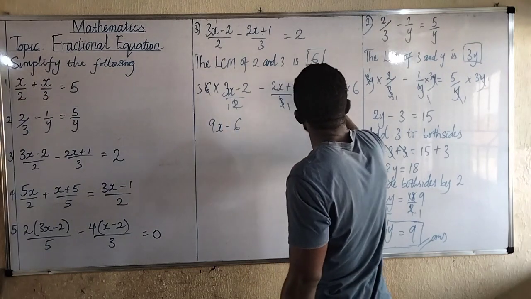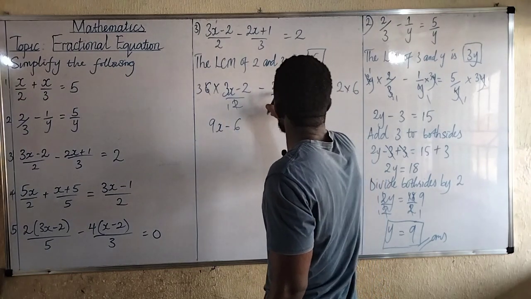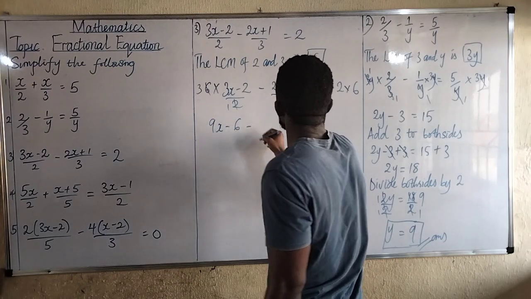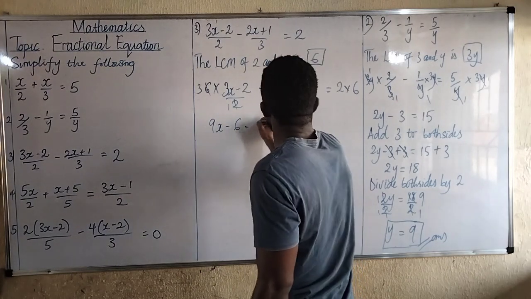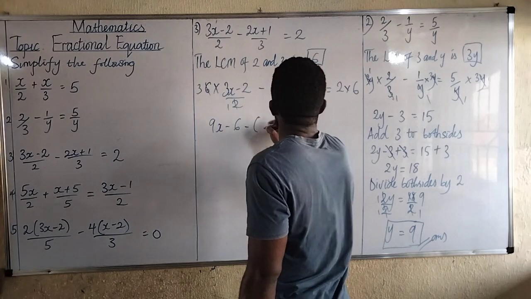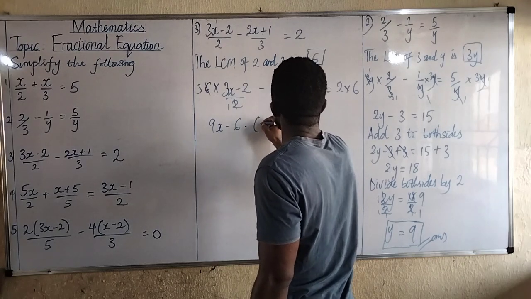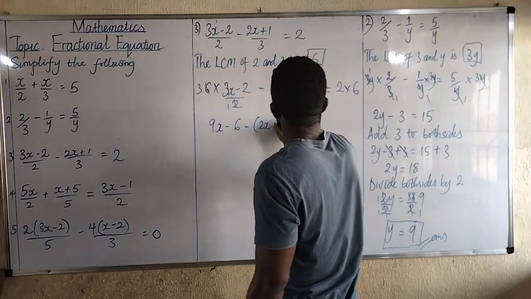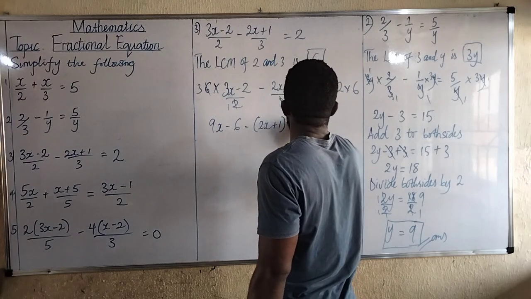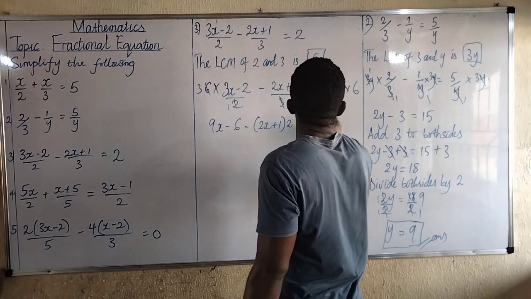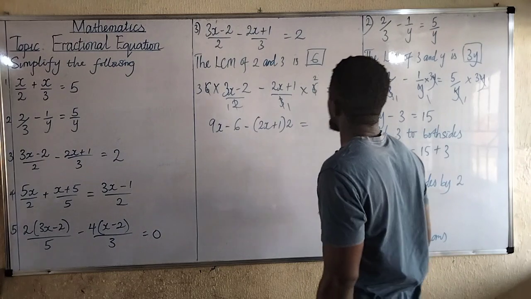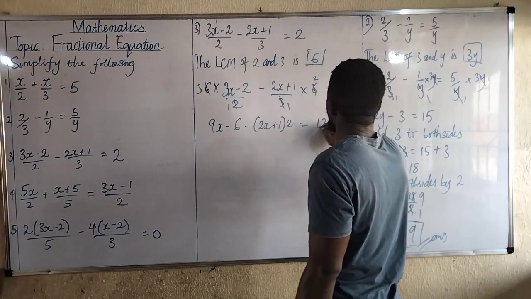3 here is 1, 3 here is 2. So we have (2x + 1) multiplied by 2, equal to 2 times 6, which gives me 12.